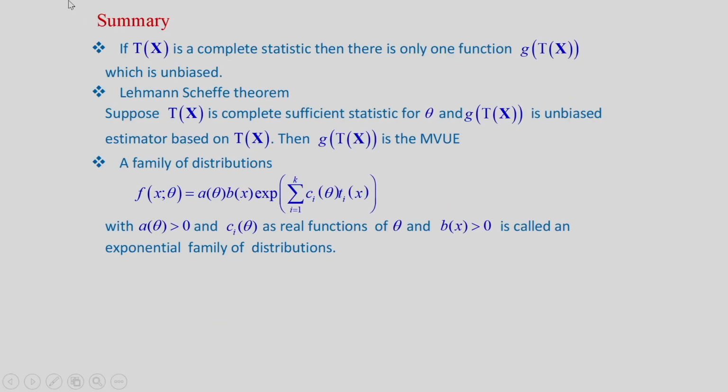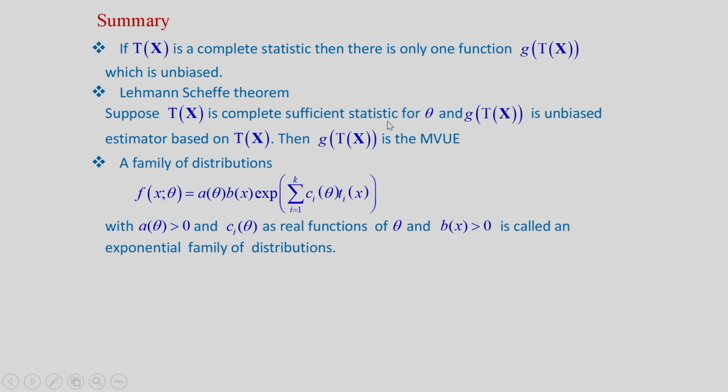Let us summarize. First point, we note that if Tx is a complete statistic, then there is only one function g Tx which is unbiased, that we have established. Then Lehmann-Scheffe theorem: suppose Tx is a complete sufficient statistic for theta and g Tx is unbiased, then g Tx must be an MVUE.